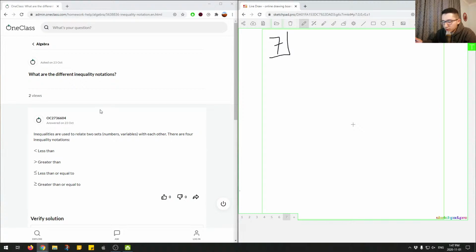The first inequality notation is less than. This could be used with just numbers, so we know 2 is less than 4. That's a simple example.